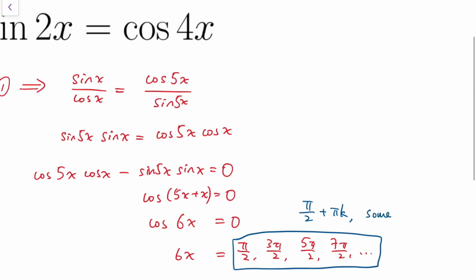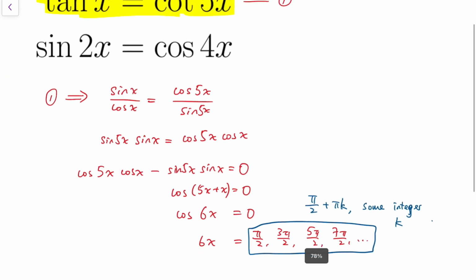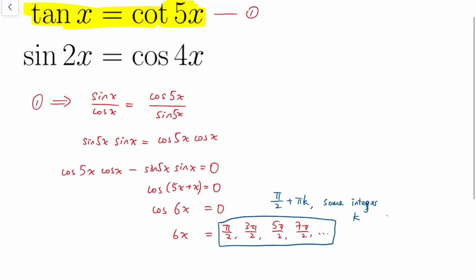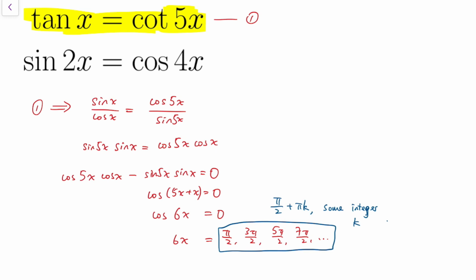So I'll write that as pi over 2 plus pi k, where k is some integer. So that is the general solution for the first equation.